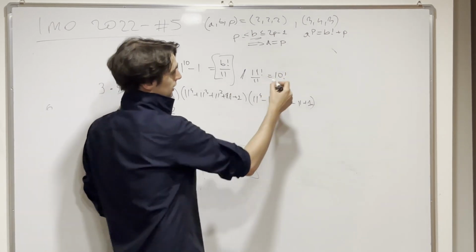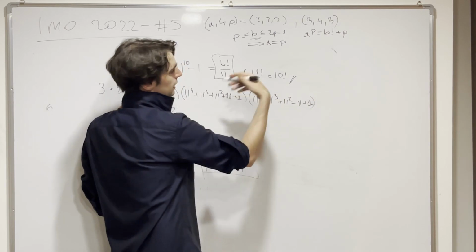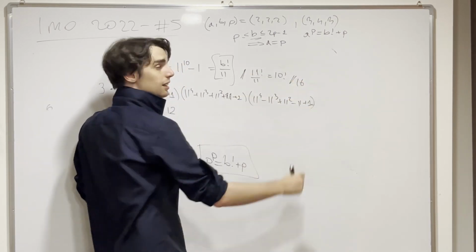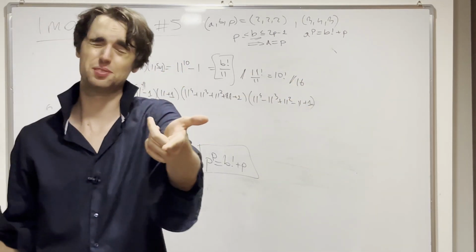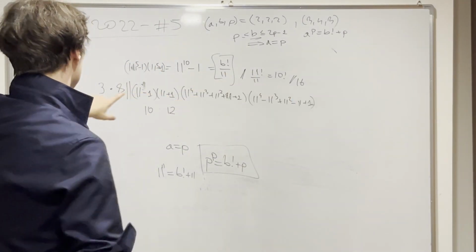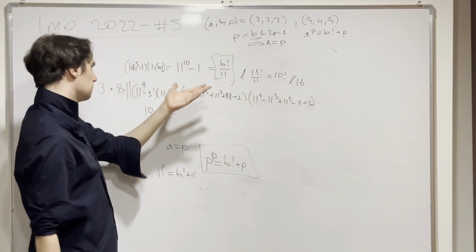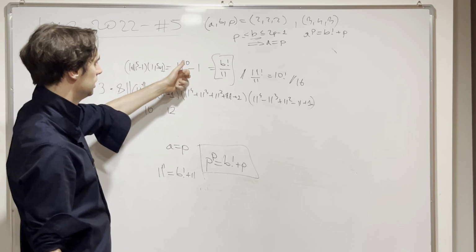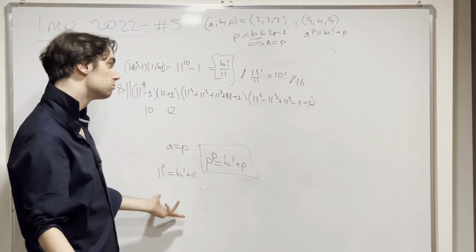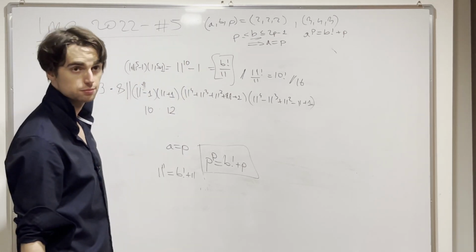And now 10 factorial is divisible by 16 because it has an 8 and a 2. So maybe that's the big idea. Maybe this side has more 2's than this side, and that might finish the problem.